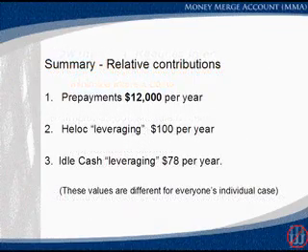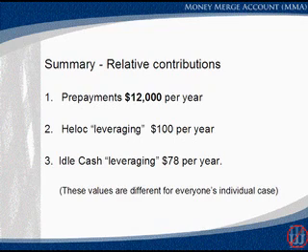Let's summarize the relative contributions of each of the 3 strategies of the money management account. First, we have the prepayments, which come solely from your discretionary income and free cash flow. In this example, it was $1,000 per month, or $12,000 per year.